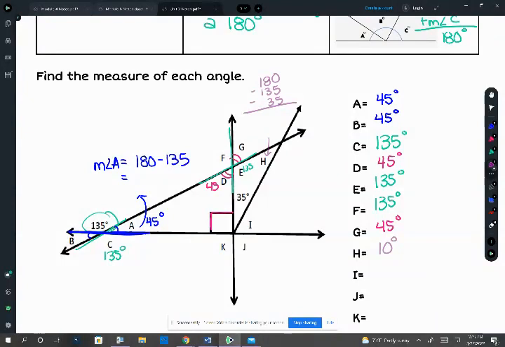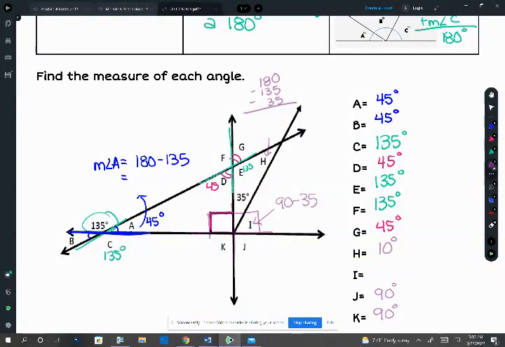And then we also know that these are perpendicular lines because you have a right angle here, then we also know that this is a right angle on this side. And so I know that angle I is going to be 90 minus 35, because if this is perpendicular, that also means that K and J have to be 90 degrees. And so I is a portion of that 90.